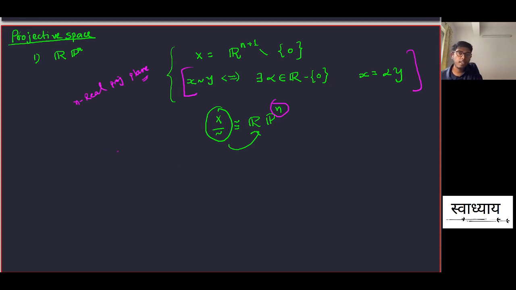Let's see in R2 what we are doing. In R2, we are considering all straight lines which pass through the origin but miss the origin. It's like y equals mx, where m is non-zero.